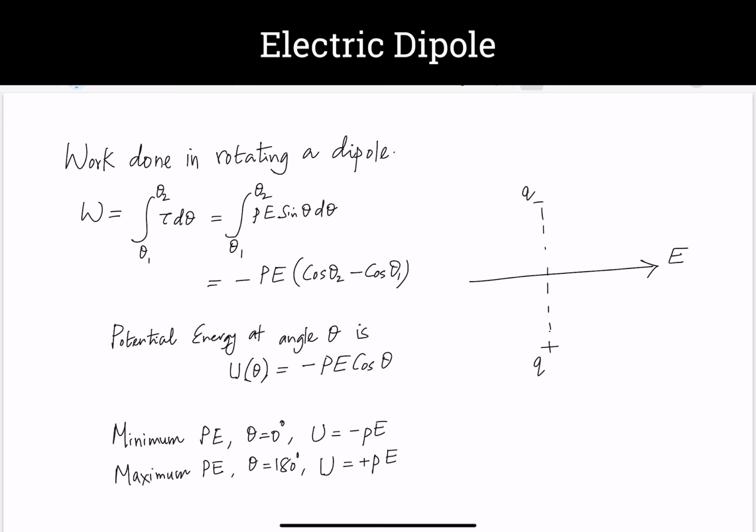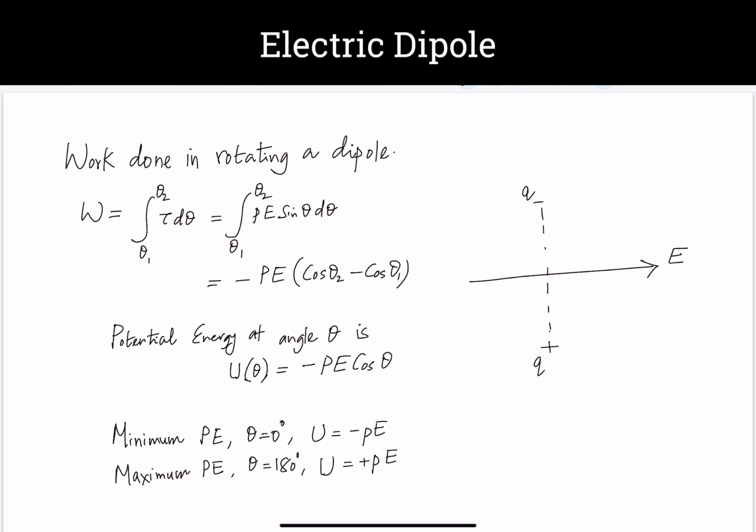What about if it's making an angle of 0 degrees? That means it's aligned with the field, in the same direction as the field. Then you're going to get cosine 0 as 1. So that would be the minimum potential energy, which would be negative PE.